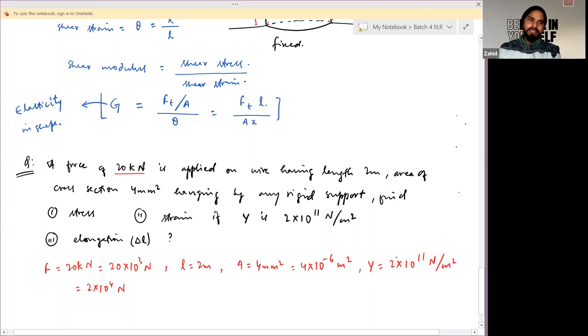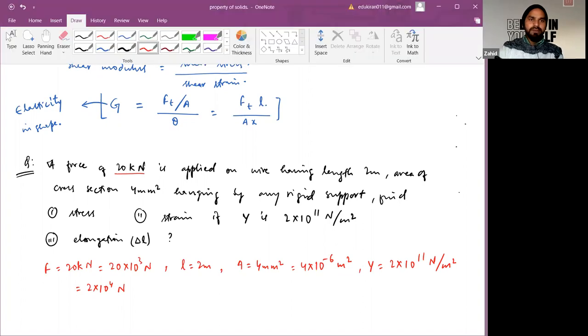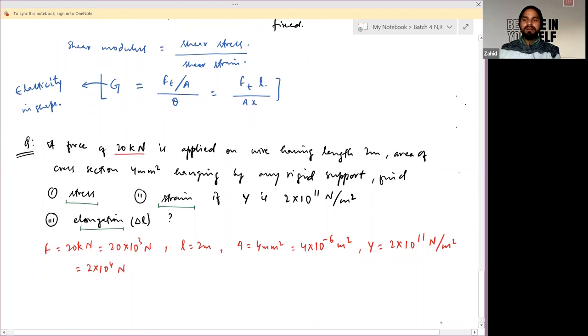These are given quantities from this question. Now we have to apply the above formula for longitudinal part and then try to find stress, strain, and elongation produced. Is it clear? Yes, sir. Meenakshi, any doubt? No, sir.